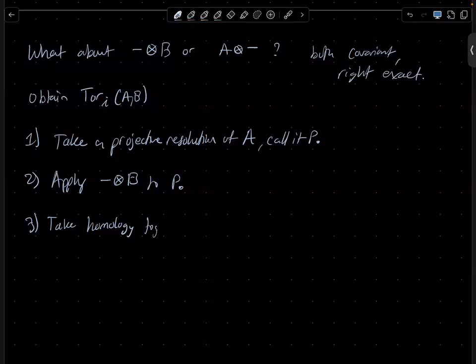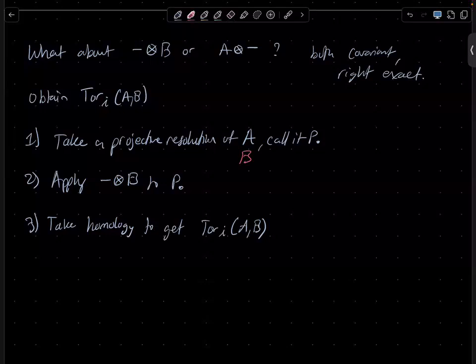Take homology to get Tor_i(A, B). And you can also use the other tensor product to get this. It's like Ext in that you can use either one. This is a theorem that you can use either tensor product to get this.